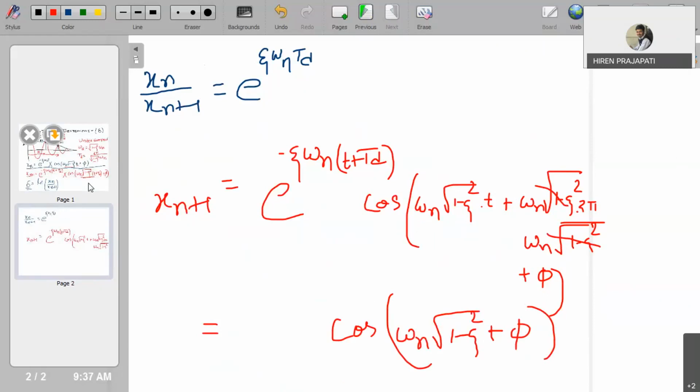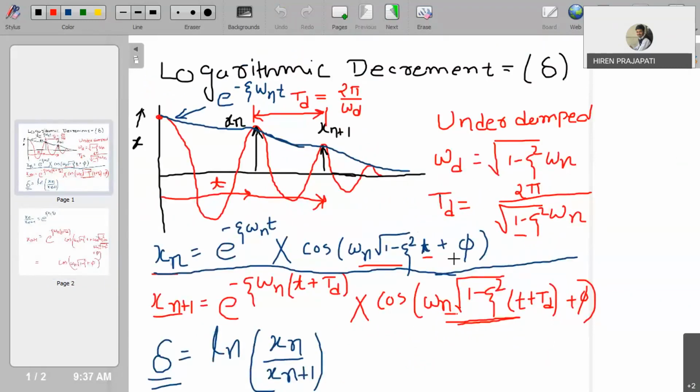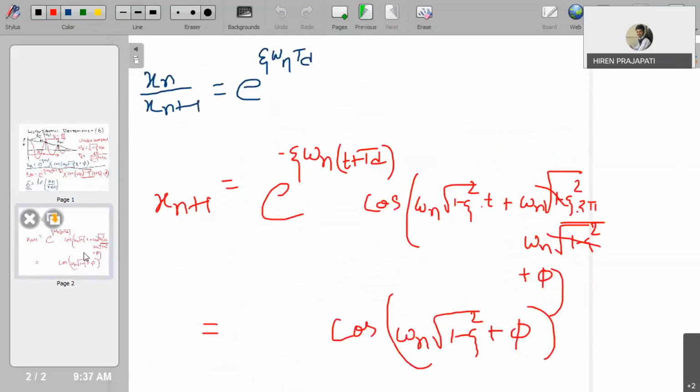So if you look here, this angle and this angle, cos of both are the same. So this x will be cancelled out if we take the ratio. Then the only remaining term is e to the power minus zeta omega n td.